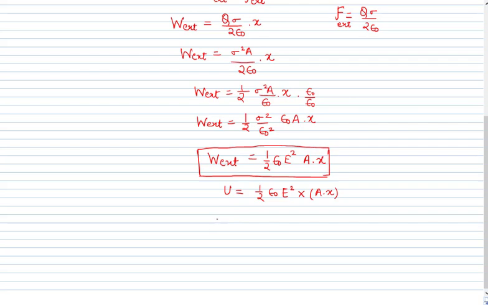If you want to calculate the energy density, that is the energy stored per unit volume, you divide it by the volume, that is A into x.